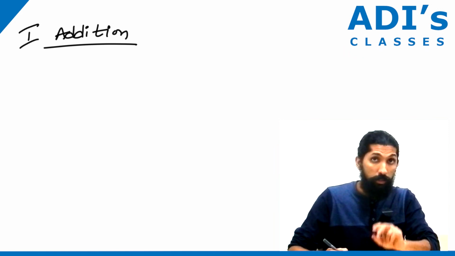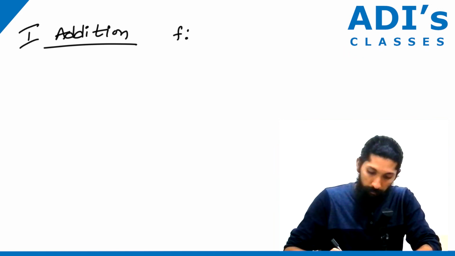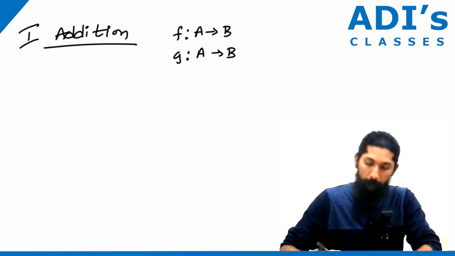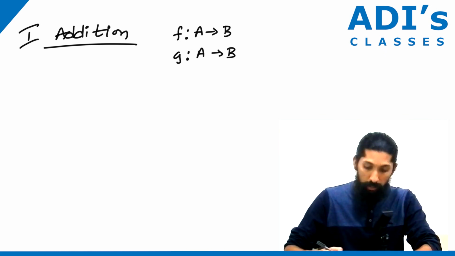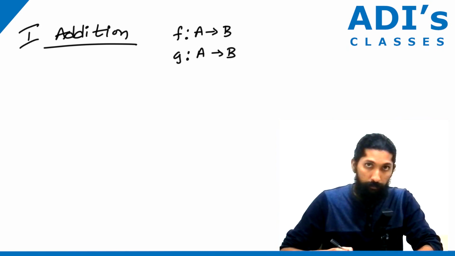Very simple. Suppose there are two functions, f from A to B, and g which is also from A to B. Fair enough? Say we are going to add the two functions. That means we'll do f plus g.